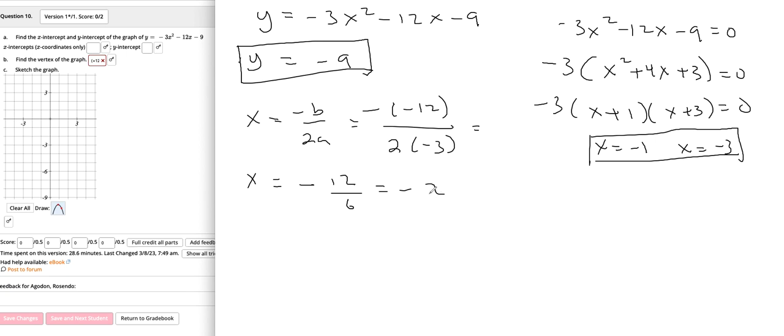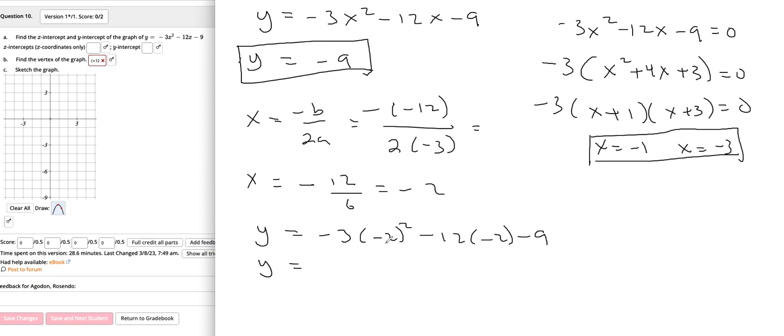Once I have the x-coordinate of the vertex, I can just take that, toss it back in here, and that gets me the y-coordinate that would go with it. So y equals negative 3 times negative 2 squared, and then minus 12 times negative 2 minus 9. And that's some arithmetic.